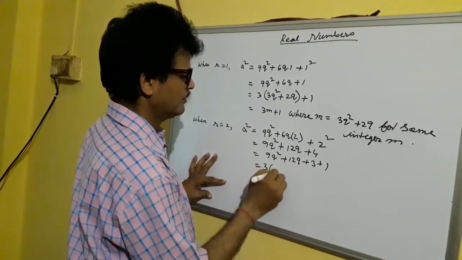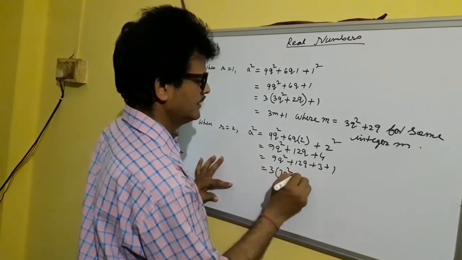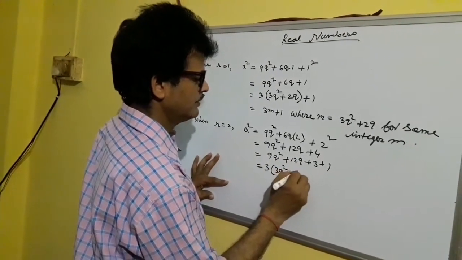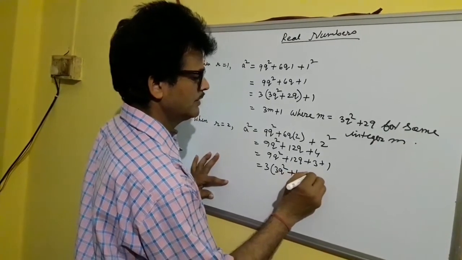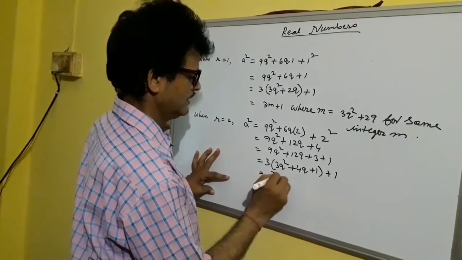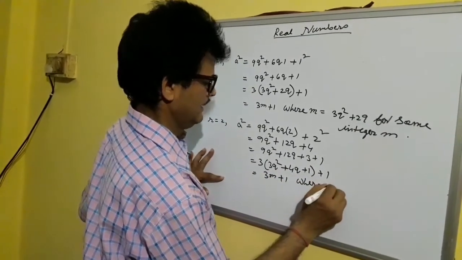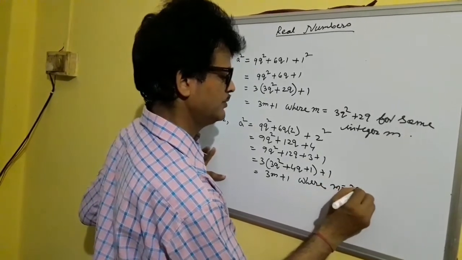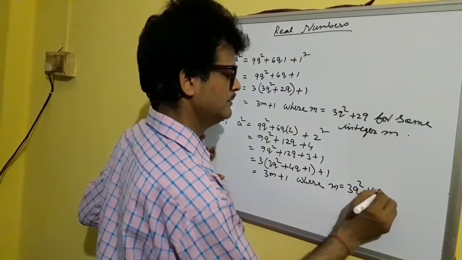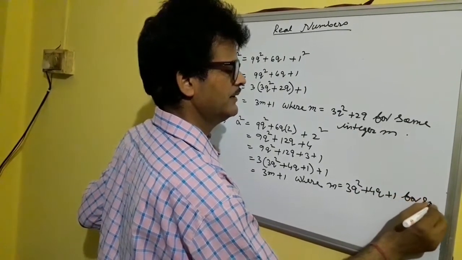Taking 3 common from these 3 terms, what is left? 3Q square plus 4Q plus 1, so this is equal to thrice M plus 1, where M is equal to thrice Q square plus 4Q for some integer M.